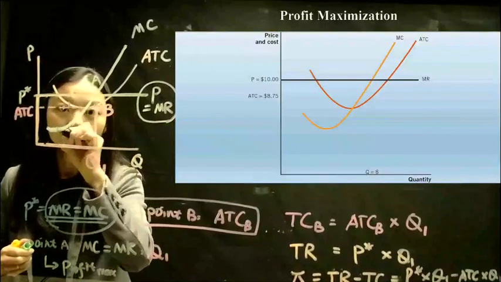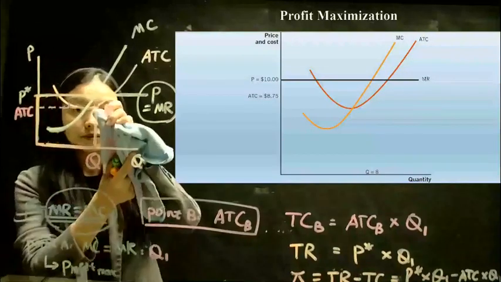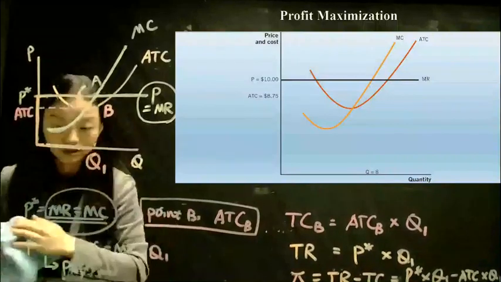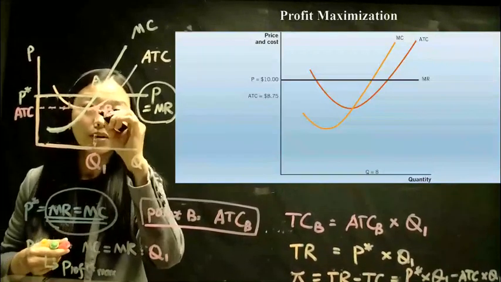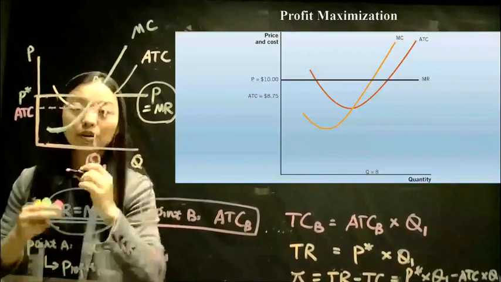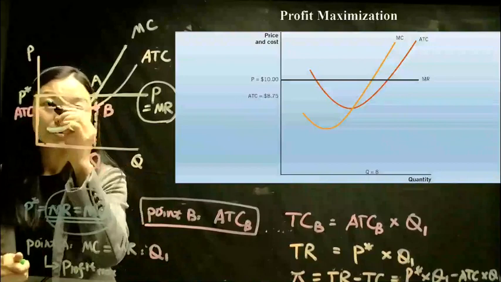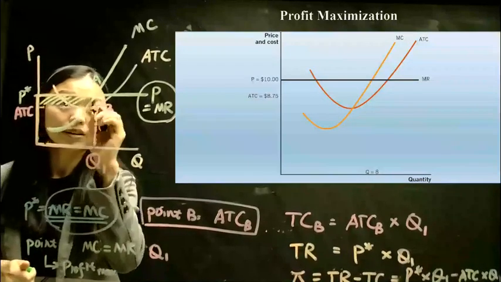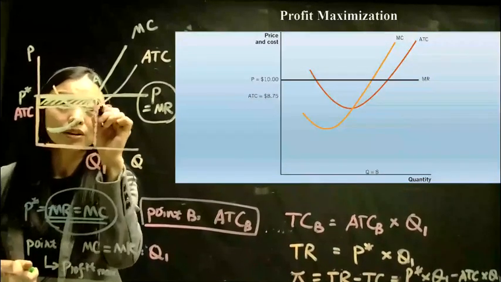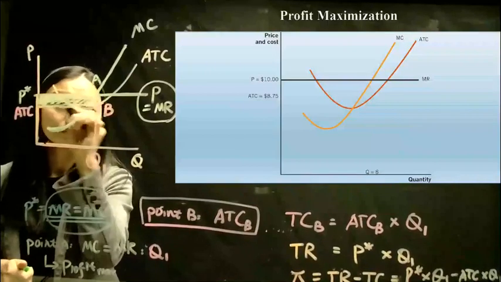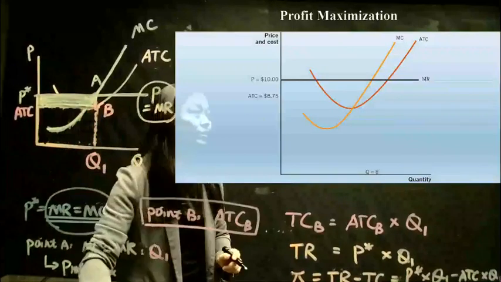And this is the point B on the average total cost curve. And then what about the profit? The profit in this graph will be this area. So this rectangle here will represent the profit.